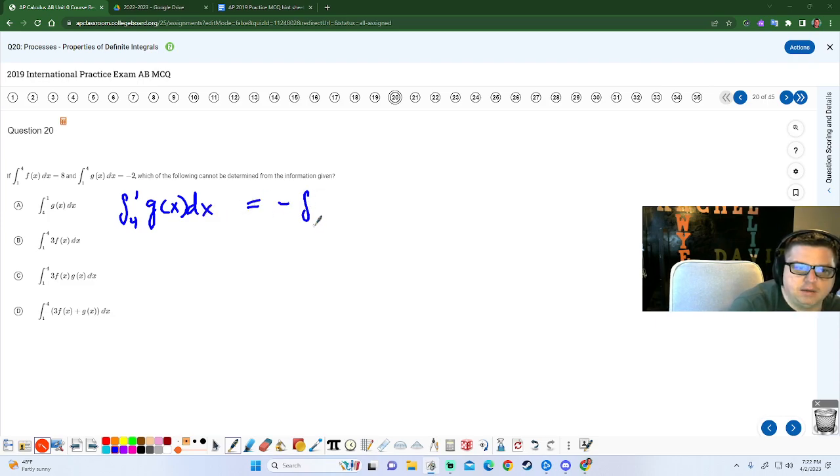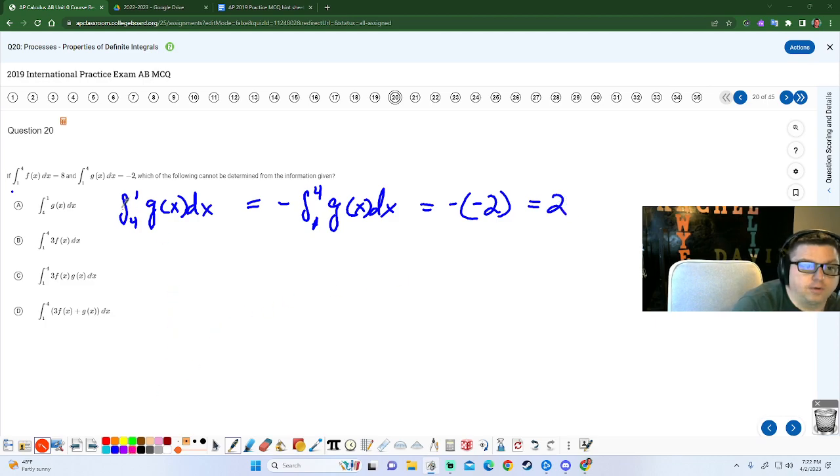We can make it negative, and then we're going to go from 1 to 4 of g of x dx. So by flipping, because remember we always want the smallest number on the bottom, largest number on top, we can do that by making it negative. So we can integrate that, which we know is negative 2. So a negative times a negative 2 is just going to be a positive 2.